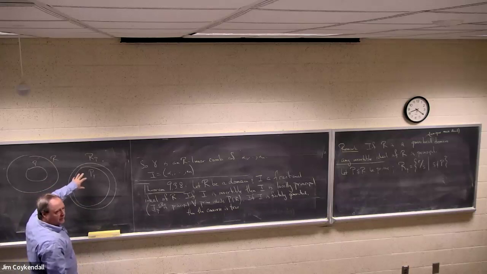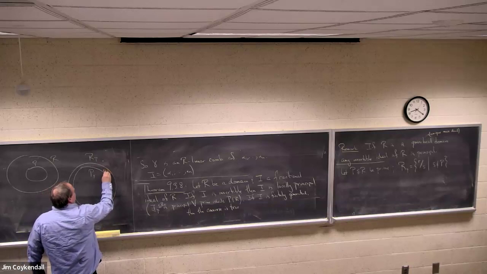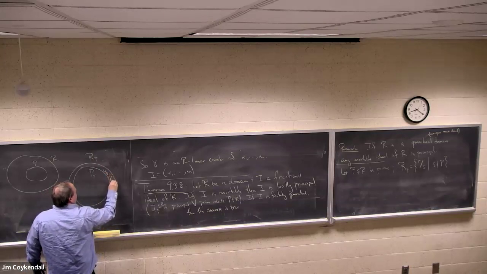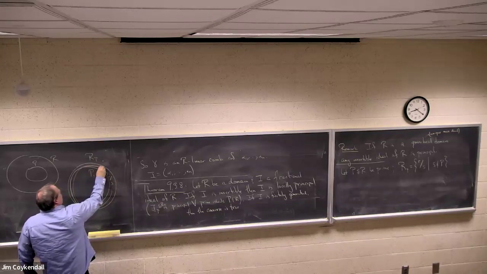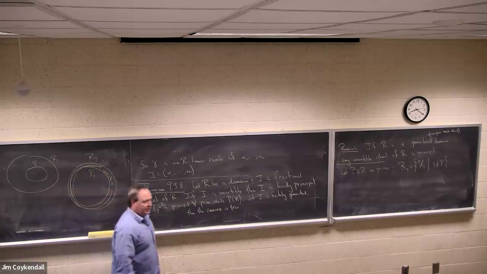So it chops off everything that intersects what's outside of P, so it leaves only P. Everything outside of here is units. All right, so it makes it into a quasi-local ring.